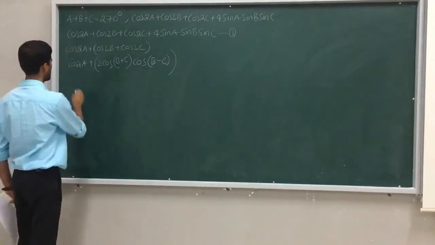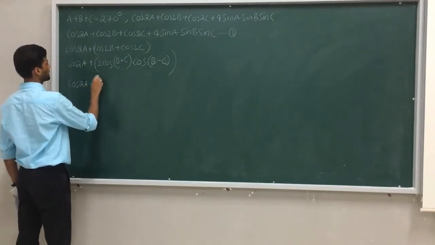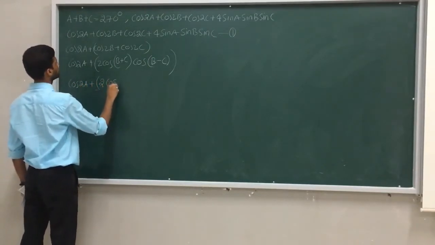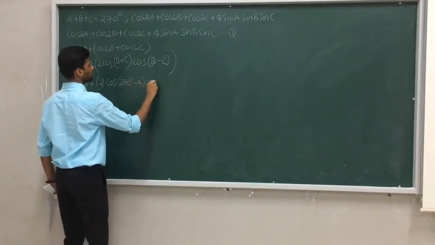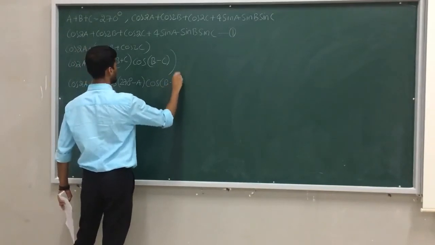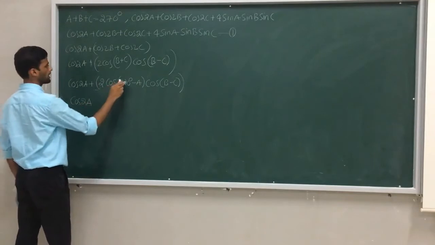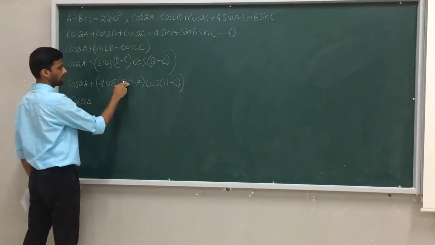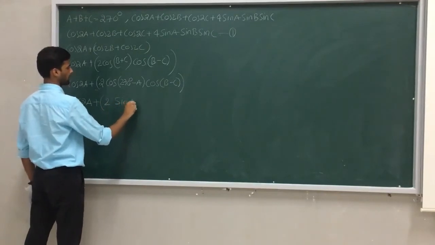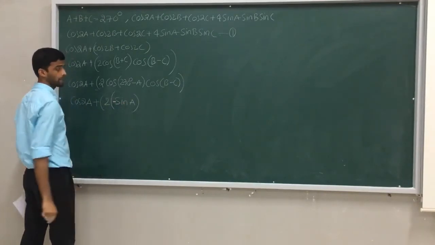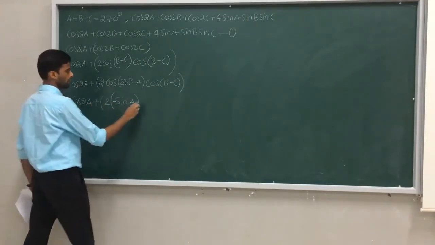So cos 2A plus 2 times cos of (B plus C), and B plus C can be written as 270 degrees minus A, into cos of B minus C. Cos of 270 minus A is sin of A with a minus sign, because 3 times 90 switches cos to sin, and 270 minus theta means third quadrant, where cos is negative.